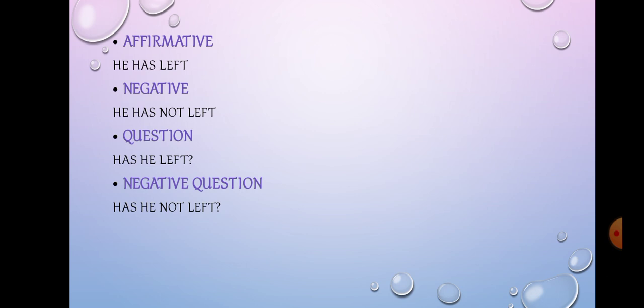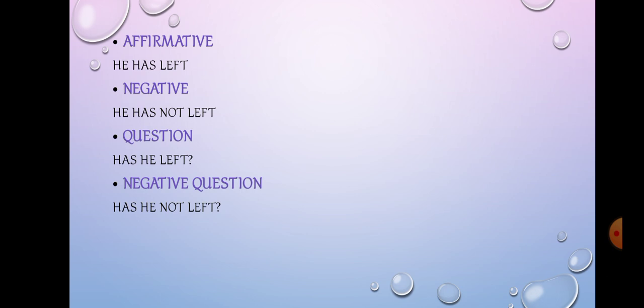The normal present perfect tense sentence is what you call affirmative: he has left, they have left, she has written, they have done. For a negative sentence, you add the word not after has or have. He has not left.